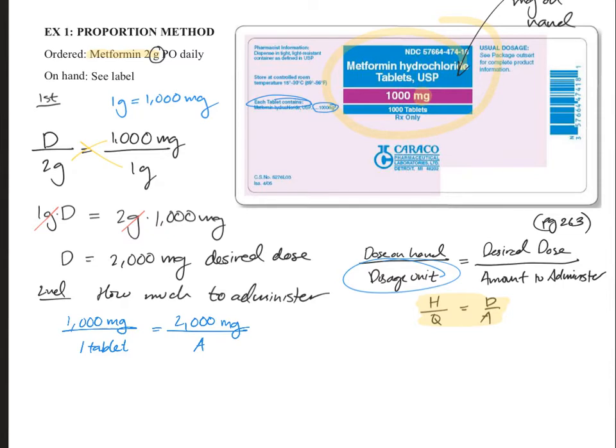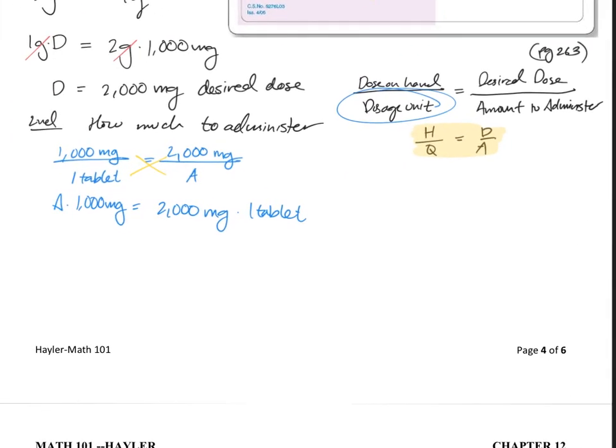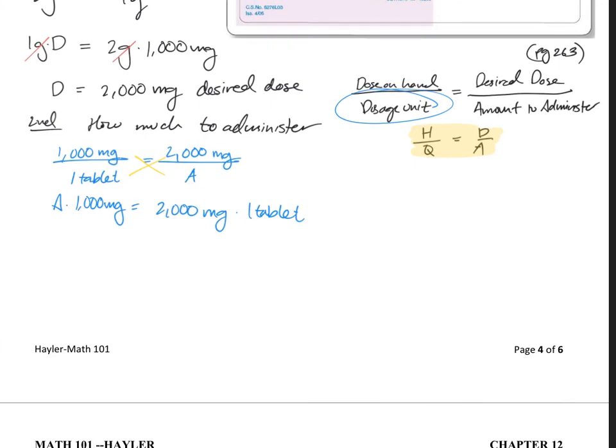Backed up a little too far there. Alright, let's solve for the amount we're trying to administer. Using cross multiplication, once again you can pause the video and try this on your own. Alright, and the milligrams will cancel out.